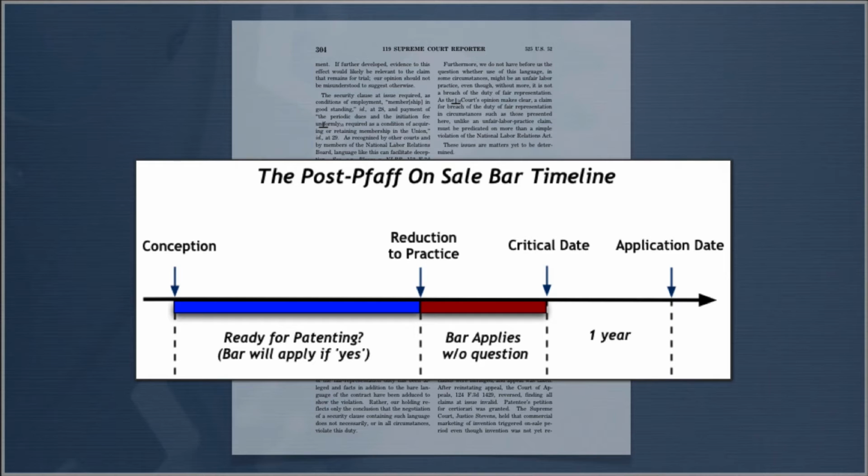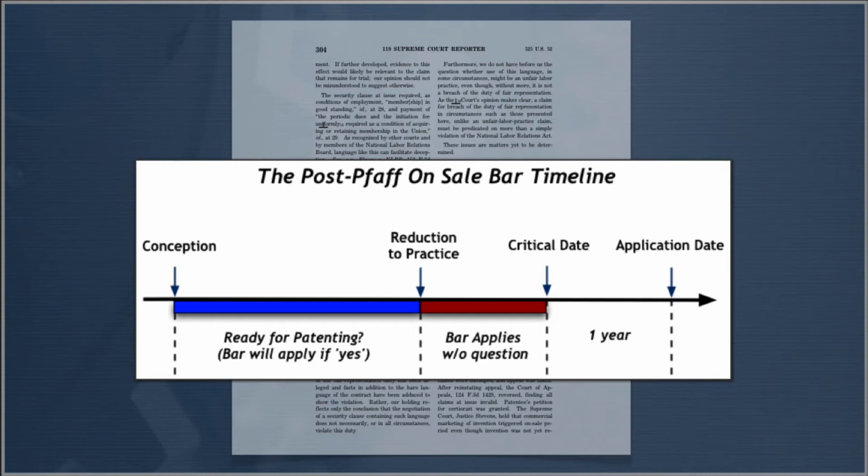Well, what the court describes is, at the time that it's ready for patenting, you need to have drawings or descriptions sufficient to enable a person of ordinary skill in the art to practice the invention. Doesn't mean you actually have to have everything reduced to practice, but it means that you've got some diagrams worked out that are enabling. It means that the detail at which you're operating these designs is sufficient to enable somebody. That's what they mean by ready for patenting.